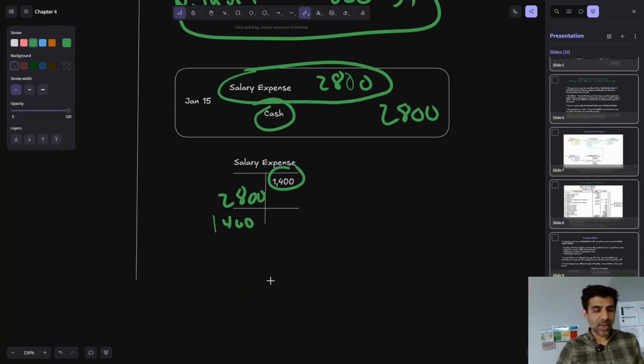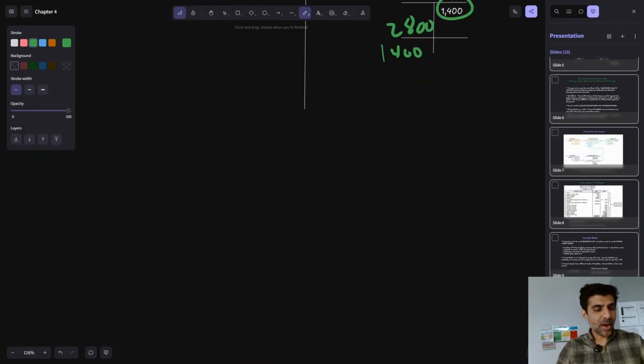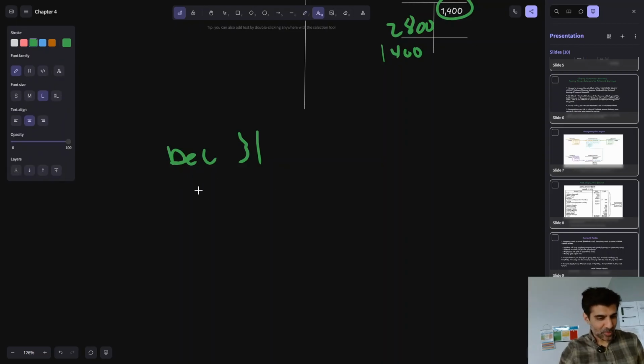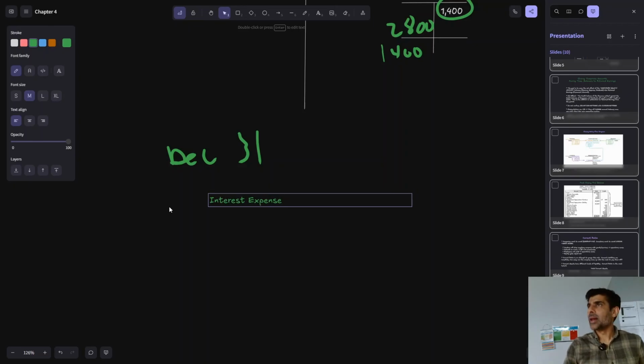Okay, so let's try this. Let's say on December 31st, let me write this out so it's not so messy. Let's say you had to accrue interest expense. And let's say you took out a loan.